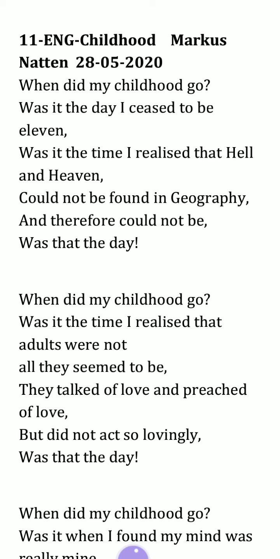They preach of love, means they discuss the matter of love, affection, being a nice human being, but they do not behave as a loving one towards anyone. So this is the hypocritical nature of the adults. He criticizes, and while criticizing, while giving reference, he's trying to find out his childhood, at what time and when he lost his childhood.